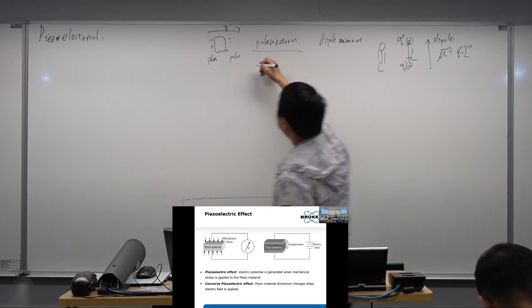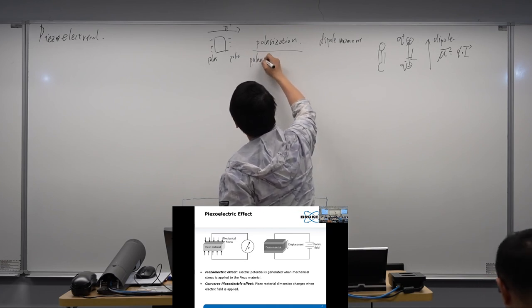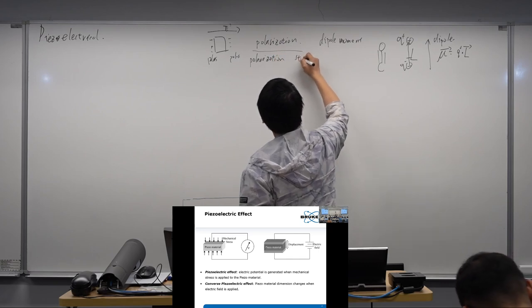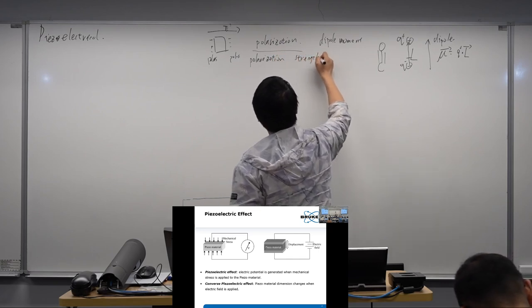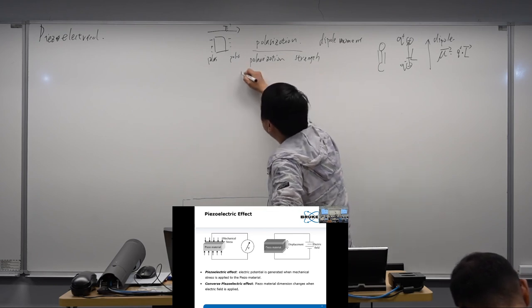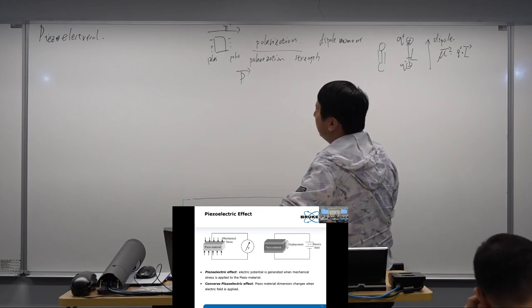We would use the physical quantity called polarization strength, or we just simply call it polarization. We use P, and it will definitely be a vector.